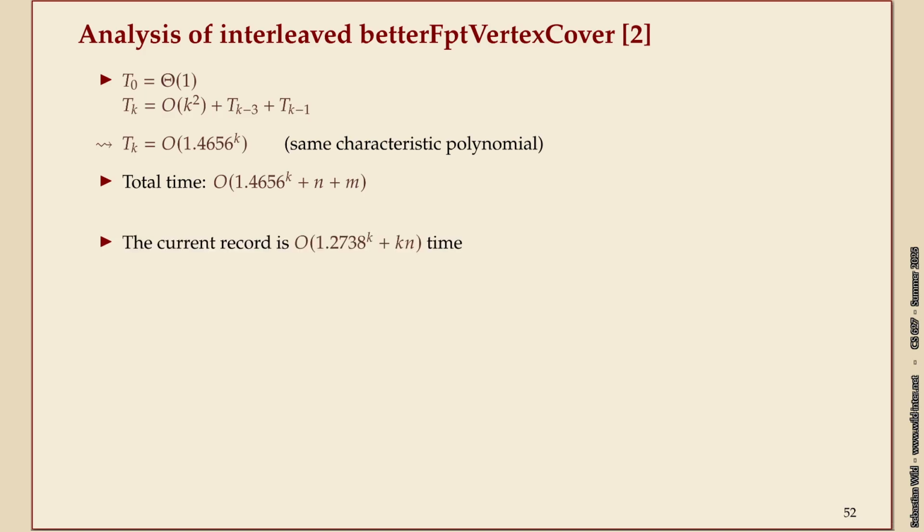The last bit I wanted to mention is that our better FPT vertex cover is not the end of the story so far. People have worked on this more and pushed the exponential growth a bit further down. They also have this plus here, so they're also using interleaving. And so far, this is the best result I could find.